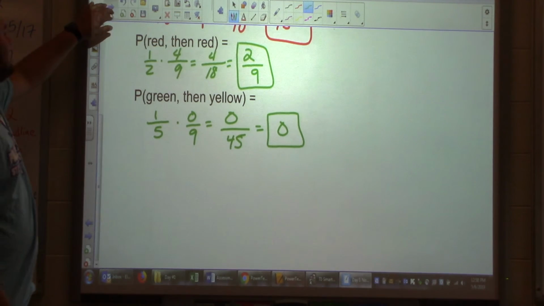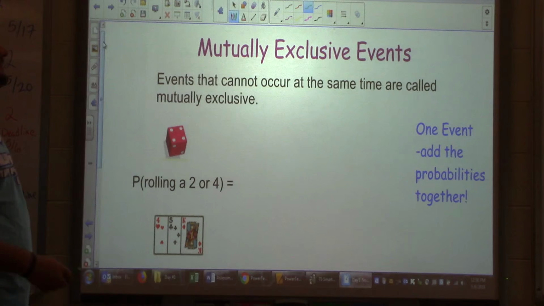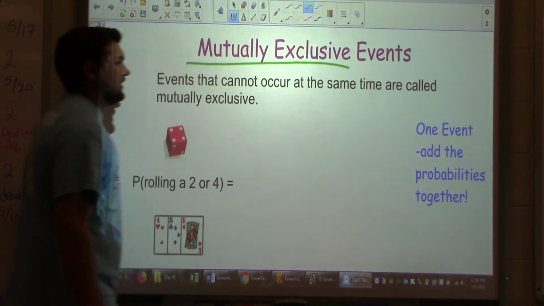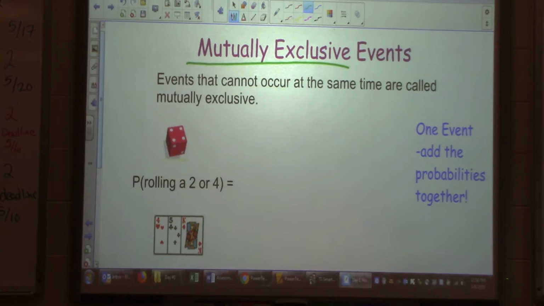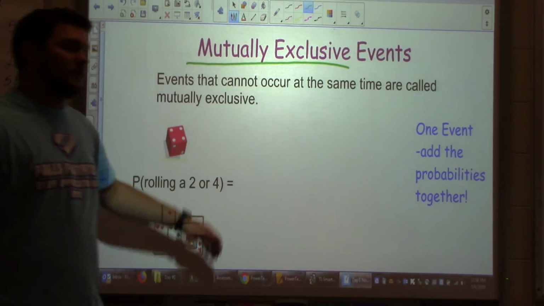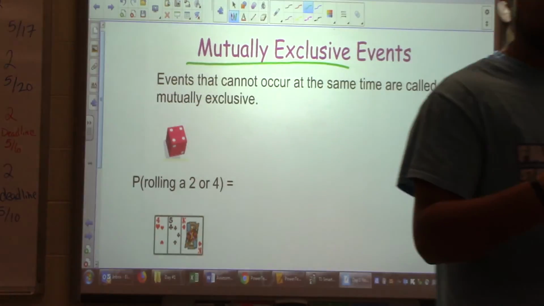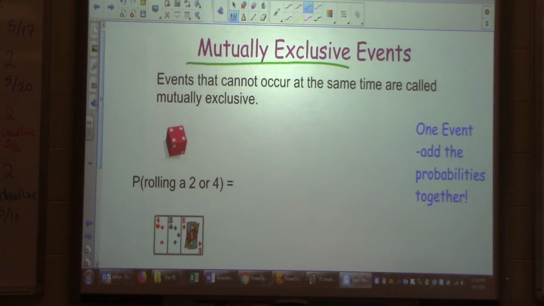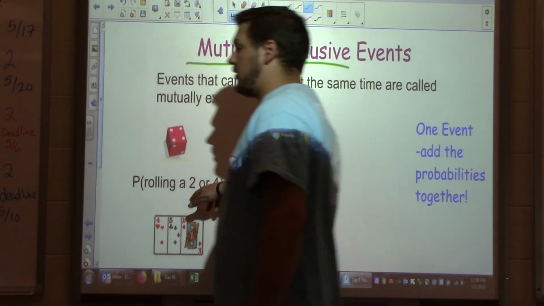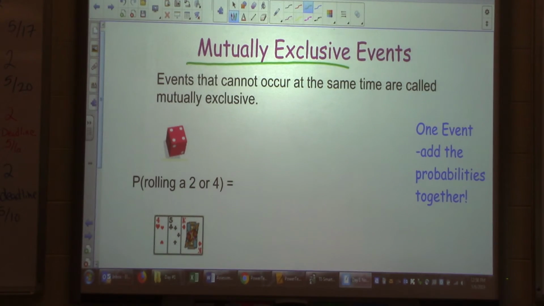Another type of event, what we call mutually exclusive events. Events that cannot occur at the same time are called mutually exclusive. It's like rolling a 2 or a 4. We can roll the die, but we can't roll 2 and 4 at the same time. It's physically impossible. If I roll a die once, can I roll a 2 and a 4 at the same time? No. They're mutually exclusive. So when we have an OR there, because it's mutually exclusive, we're going to add the probabilities instead of multiplying them.